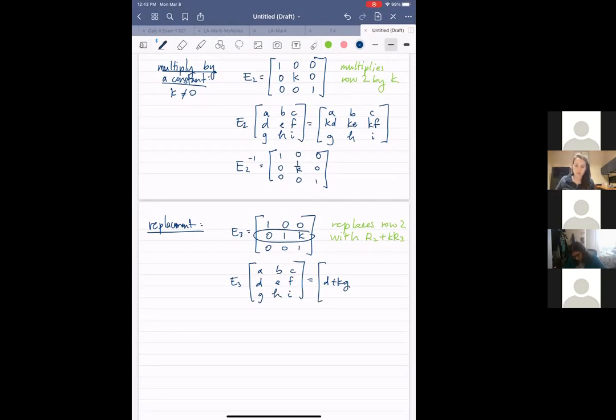And then when we multiply that second row by the second column of our matrix, we get E plus k times H. And then in the last column, we get F plus k times I, which is what we would have expected out of this, right? That's what we were looking for. And then the other rows do not change: G, H, I.